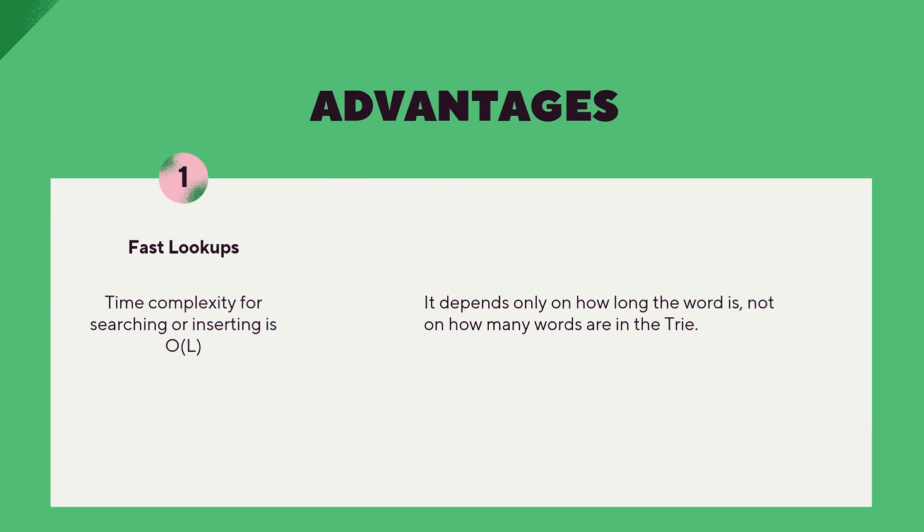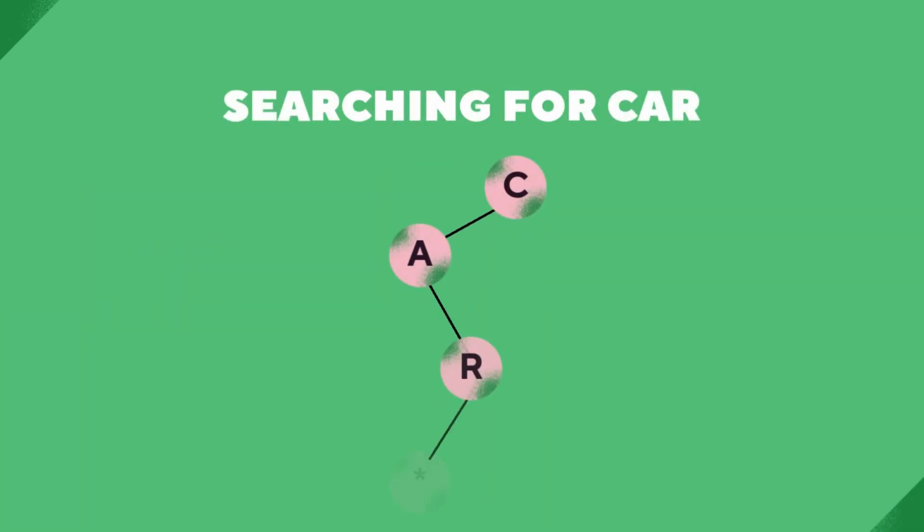For example, searching for car will take exactly 3 steps: one for C, one for A, and one for R. This is faster than a binary search tree or hash table in some use cases, especially when many words share prefixes.